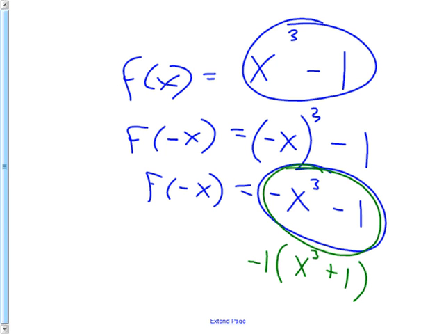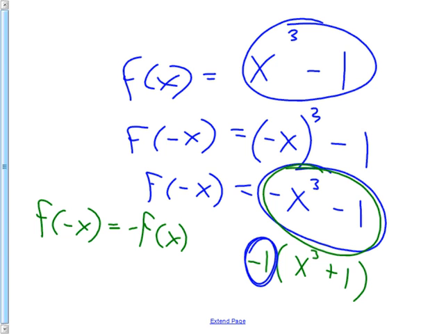Now, this is the trickier part to understand. But if the rule for odd things is that f of negative x will equal negative f of x, do you get how, by factoring out a negative 1 here, I have the negative? And that means that if this is the same as this, then I would have negative, and this would be f of x.